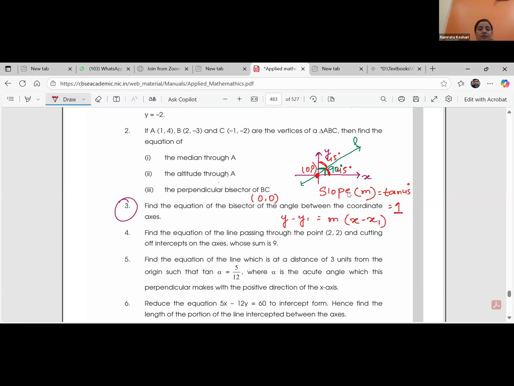Yes, ma'am. Please copy the hints. And you can also copy the question if you do not have this book.